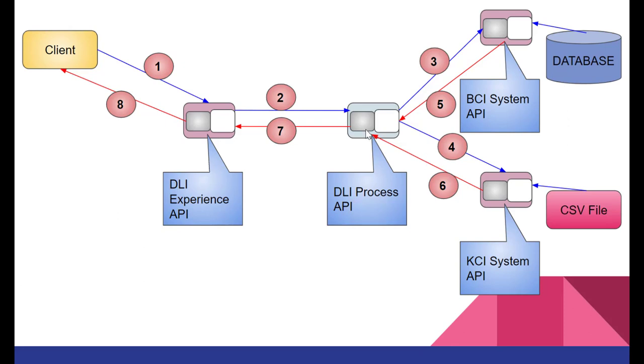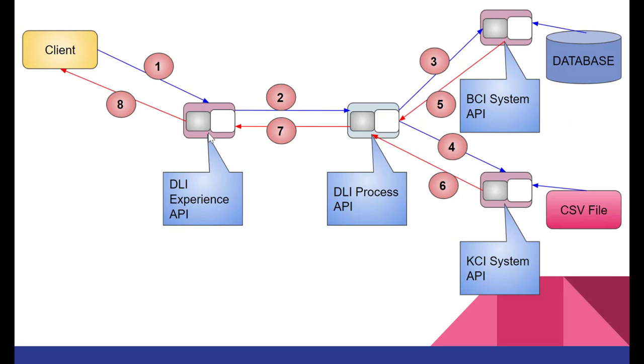the DLI process API will call the KCI system API, and the KCI system API will fetch the data from the CSV file, and then that data would be returned to the process API. The DLI process API transforms the data retrieved from the CSV file into the canonical format, and from the process API it would be forwarded to the experience API.